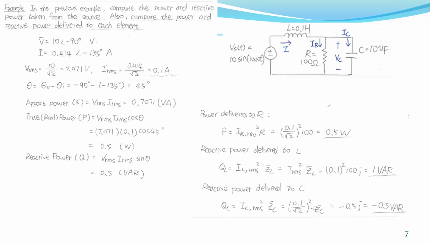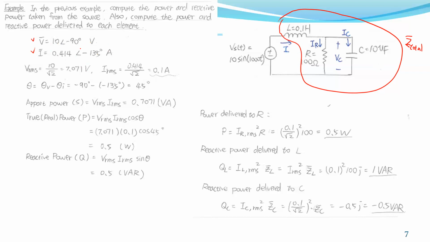Same thing here. You calculate V and I, and you calculate Z total. If you want to calculate the apparent power, real power and reactive power, we need to calculate the overall voltage and overall current.